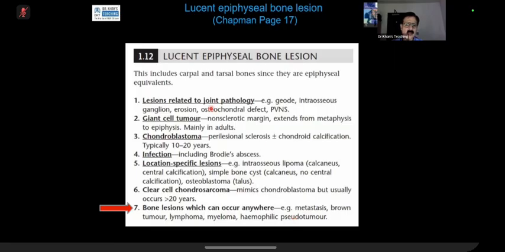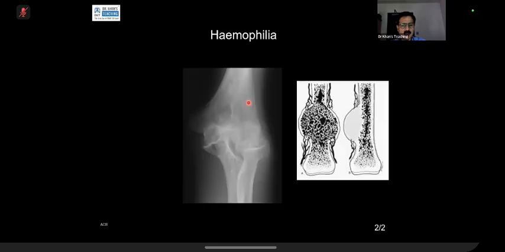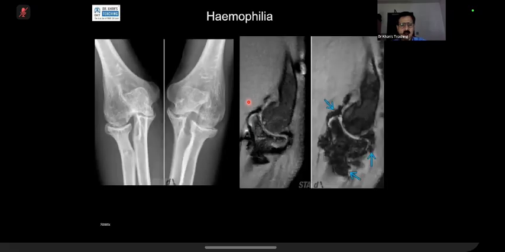And I think we should add LCH also there. Because it is an adult, they have not mentioned it, but in a child you should. Now, this is the same concept, intraosseous bleed. It can cause pseudotumor.